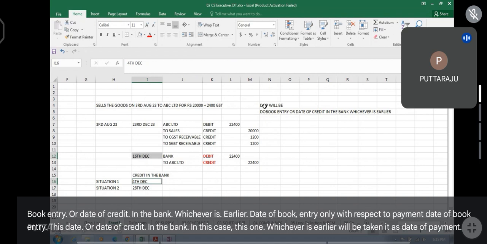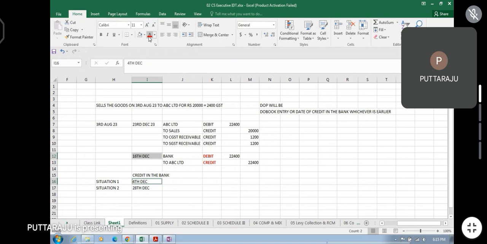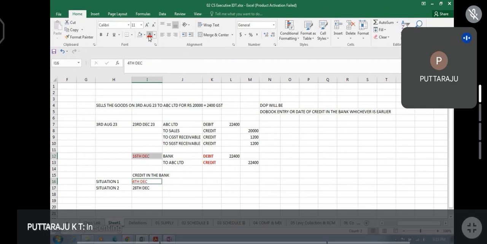Okay, now tell me, in these two cases, which is the date of payment? 16th December, 4th December.